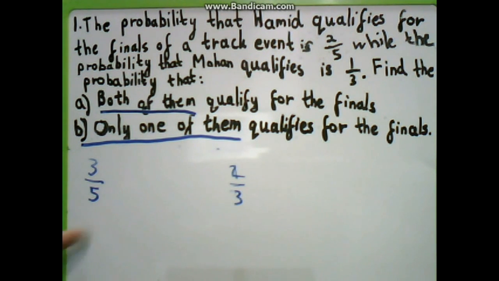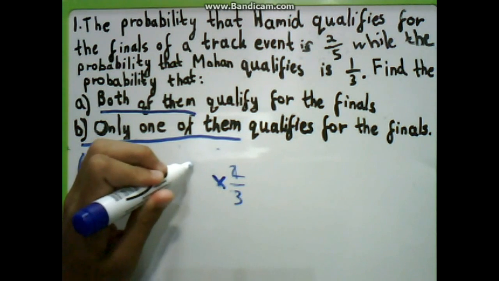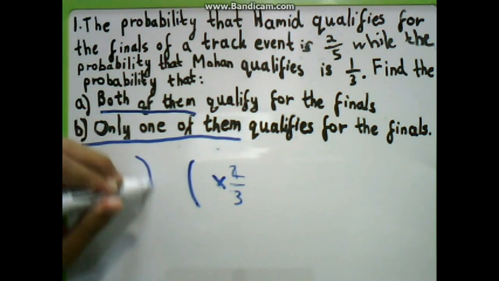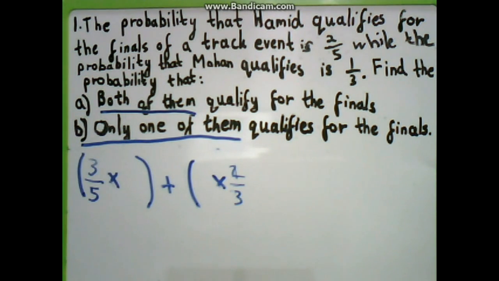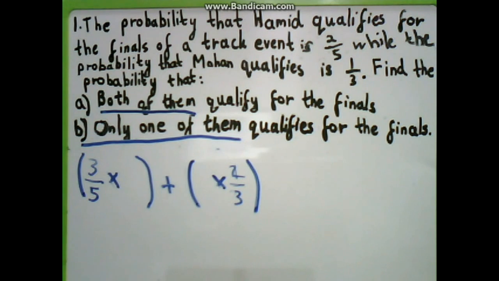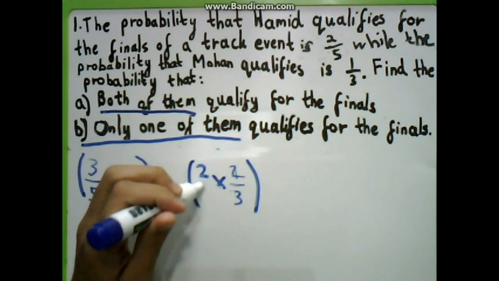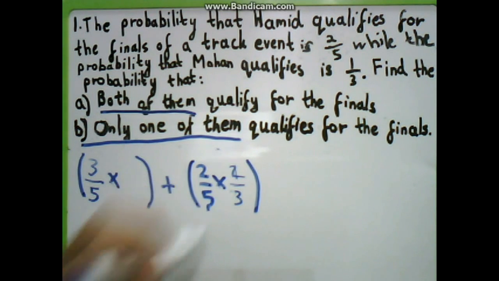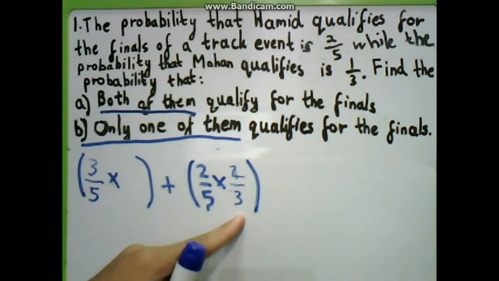Now, I'm writing this up because the next bit is going to be a bit tricky for you to understand, but try to understand. Before you add, you must put the probability that they will qualify, except opposite. So you must include the probability that Hamid will qualify, 2/5, in the same brackets as Mohan will not qualify.